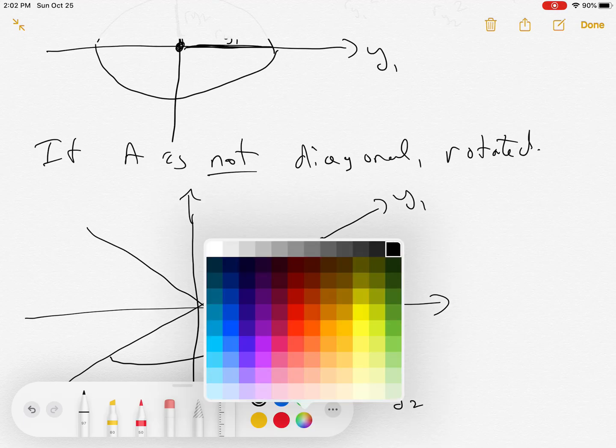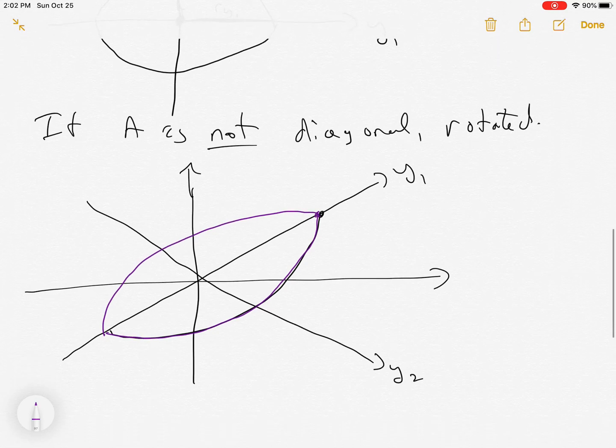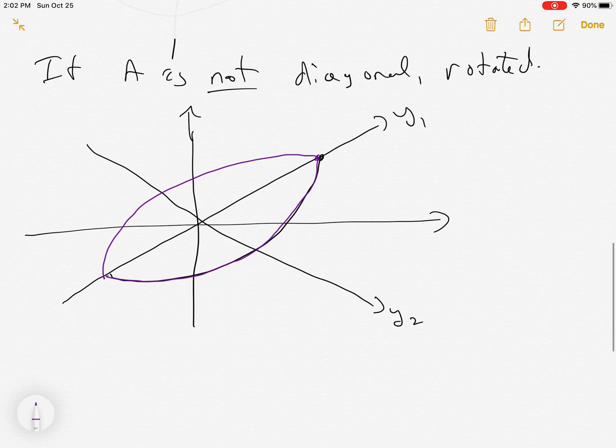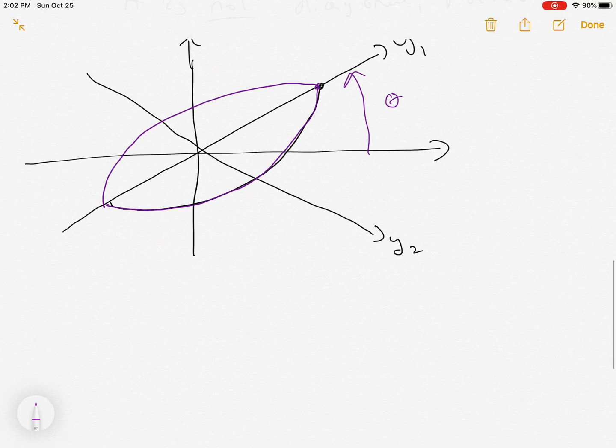I'm not feeling very colorful today. So let's see here. So here's my shape here. And so my ellipse is off kilter. It's rotated, in this case, whatever the angle from here to here is. We'll call that theta. And these are called the principal axes, hence the name principal axes theorem.